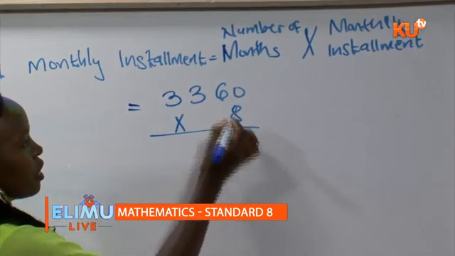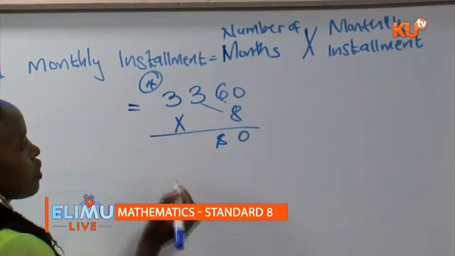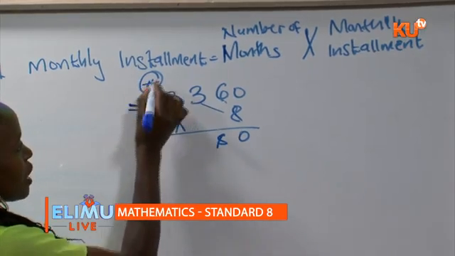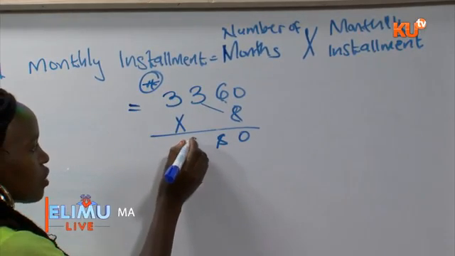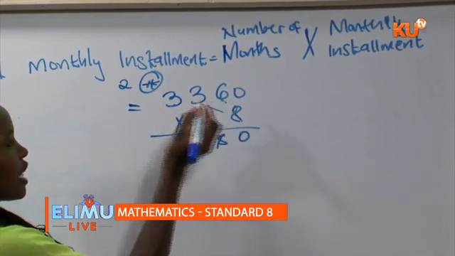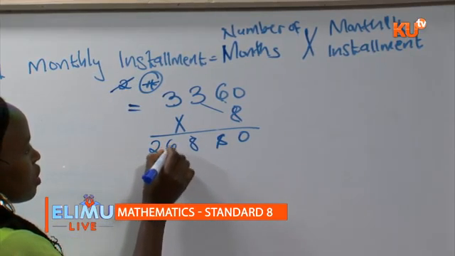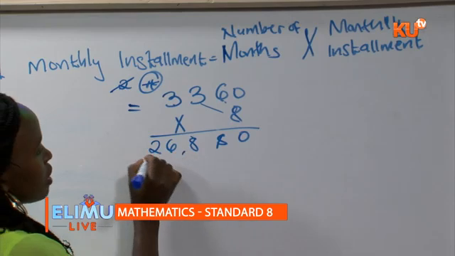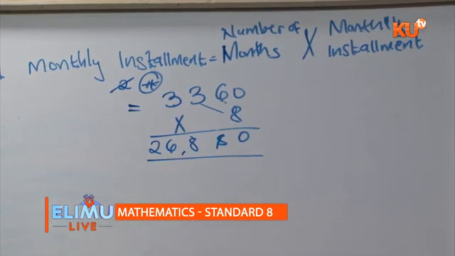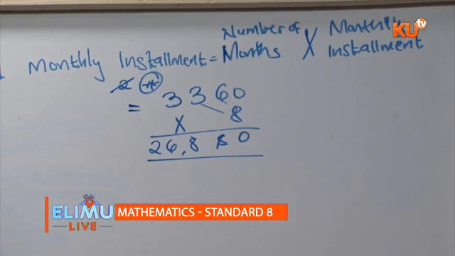We get 0, 48, we carry 4. 8 times 3 is 24, plus 4, we get 28. Carry 2. 3 times 8, 24 again, plus 2, we get 26. So we get 26,880. 26,880 is the total monthly installment.